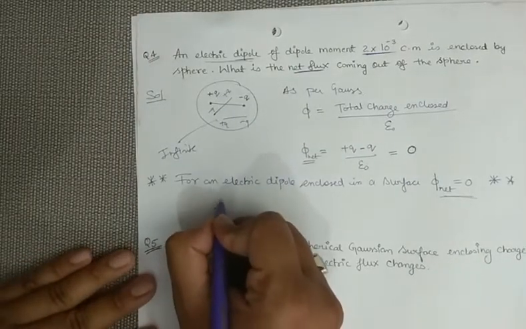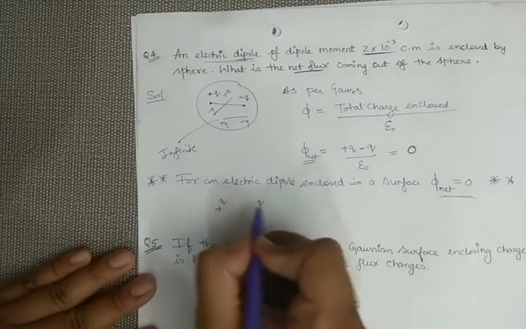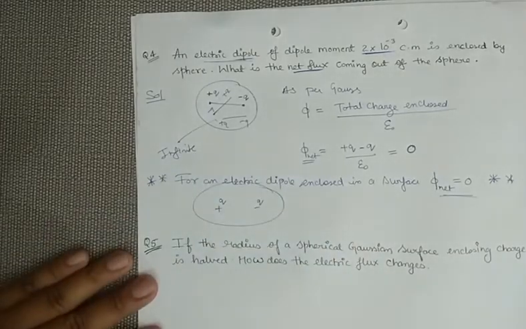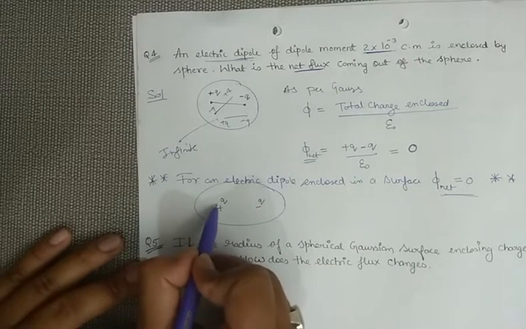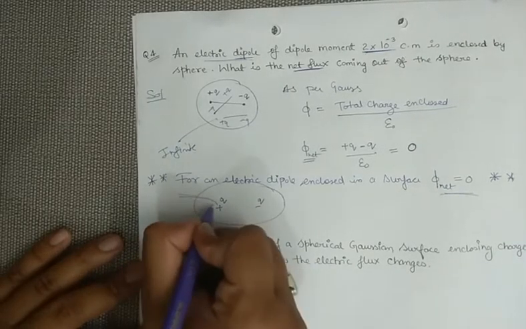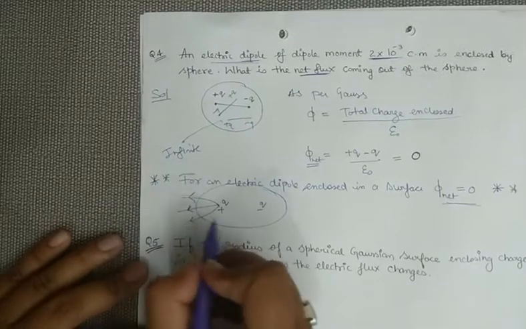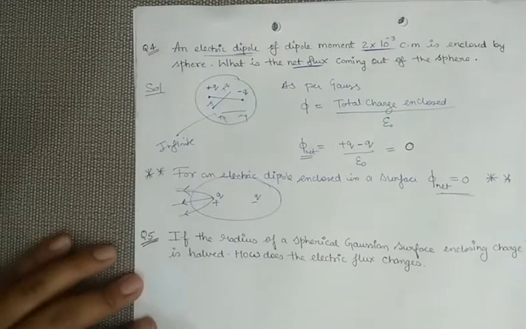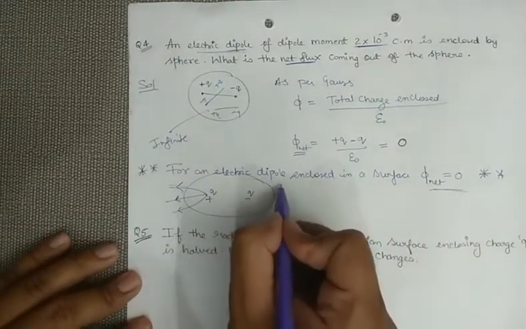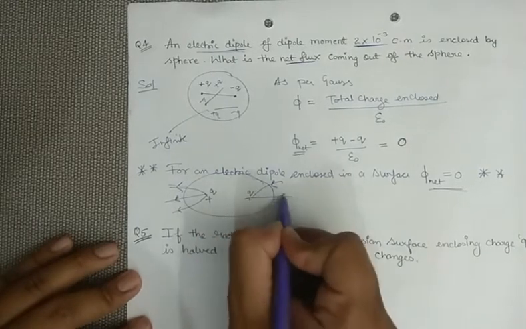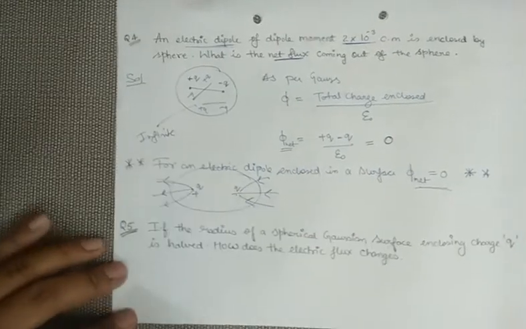If I take this plus q and this minus q inside the surface, because of this positive charge, electric field lines will be leaving the surface, and because of this negative charge, electric field lines will be entering the surface.